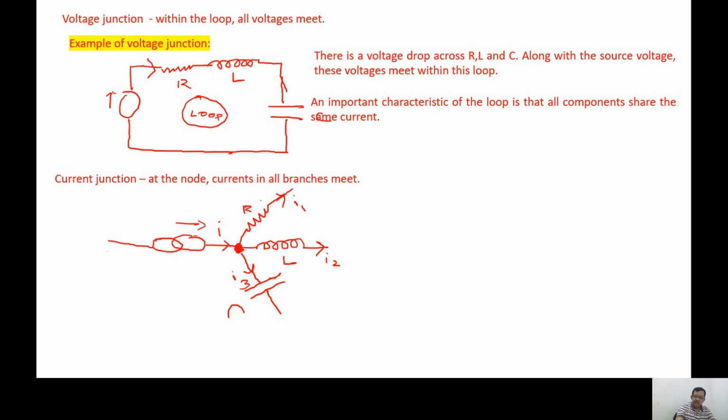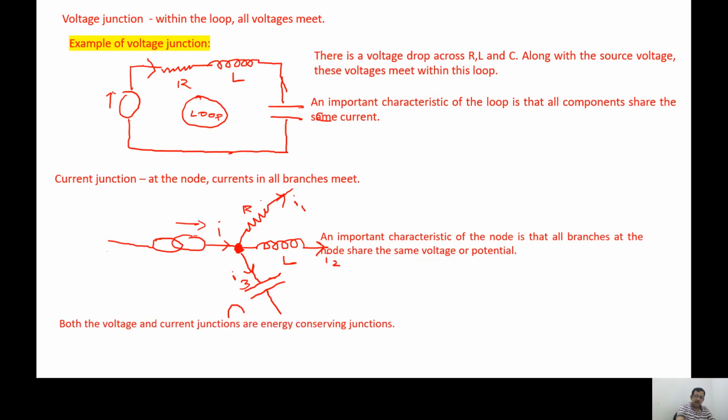That is the important characteristic of the node: all branches at the node share the same voltage or potential. Now what about both of them? Both are energy conserving junctions. Whatever voltage is produced by the source, it delivers power, which is energy per unit time, through the resistor and inductor, and they are passive elements.